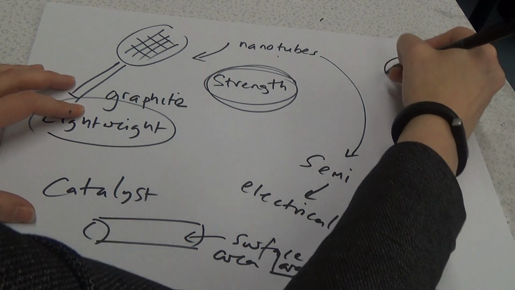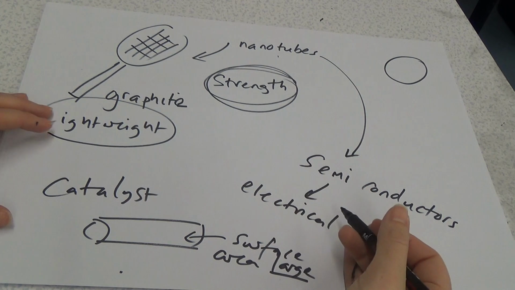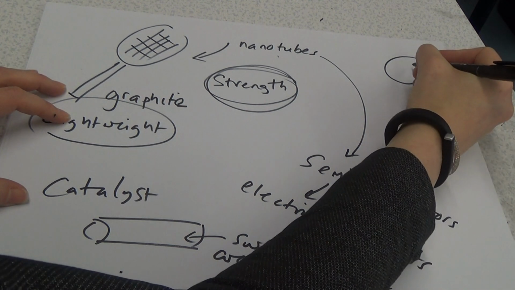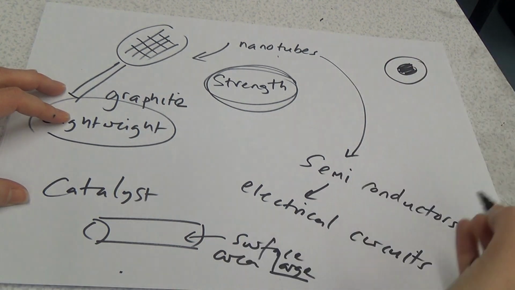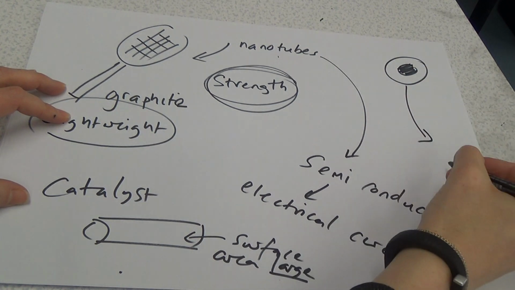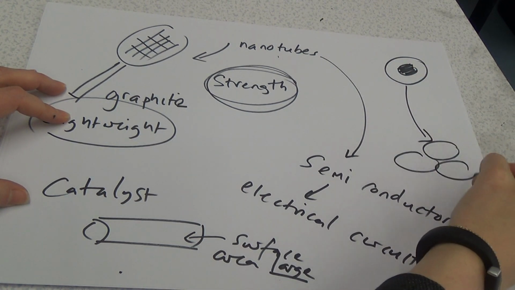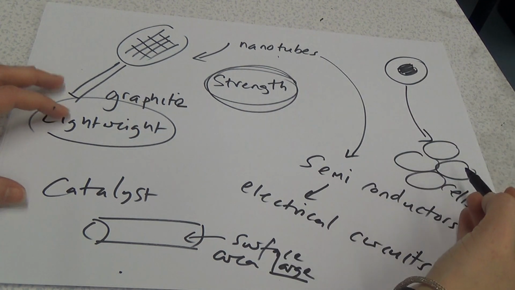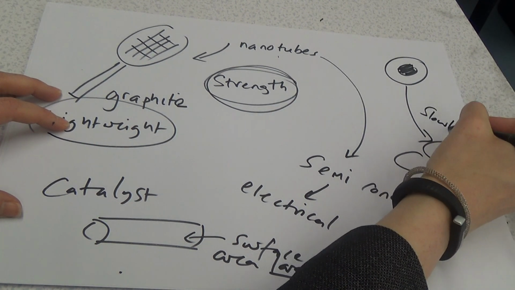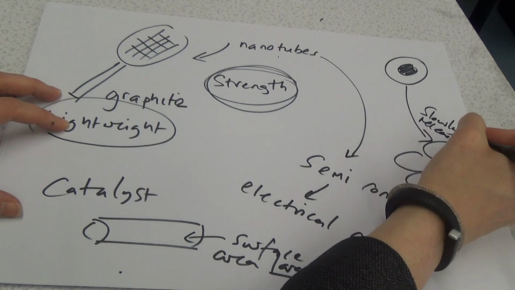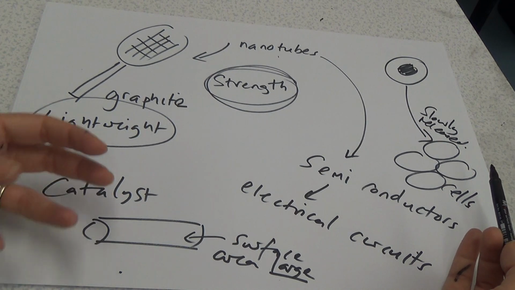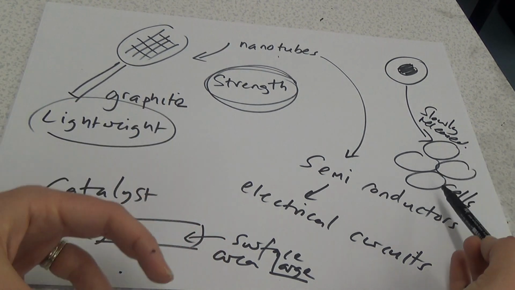So buckyballs, which are these spherical balls of carbon atoms, have been used to design a delivery system where the medicine can be put into the buckyball, which can then be taken to targeted cells in your body, and then that medicine can be slowly released over time. What this means is that the medicine that could be toxic to other cells will only reach the cells that you actually want it to attack.